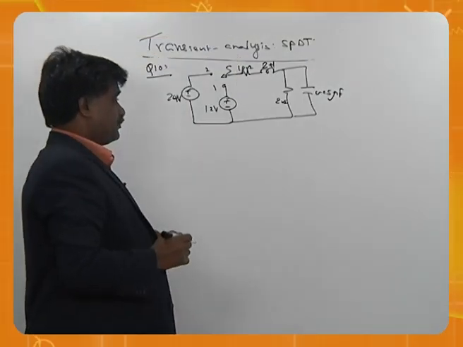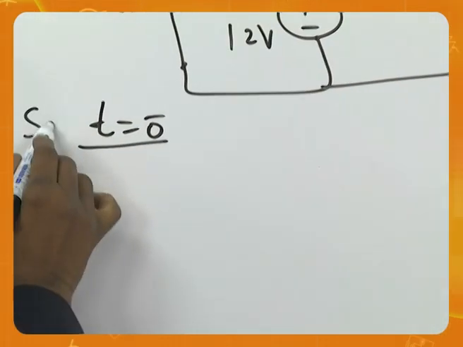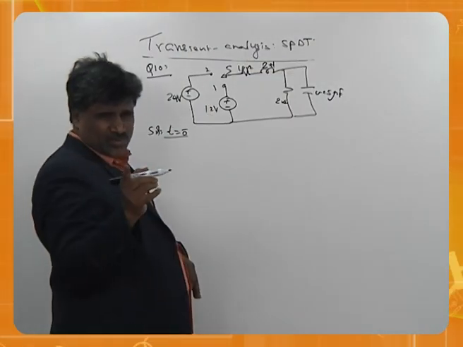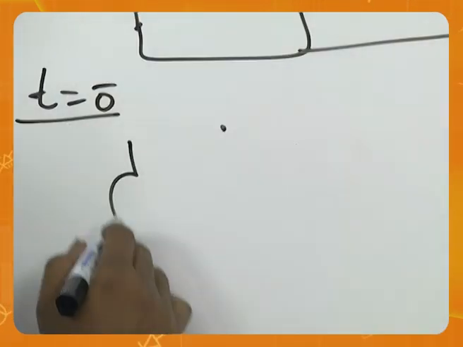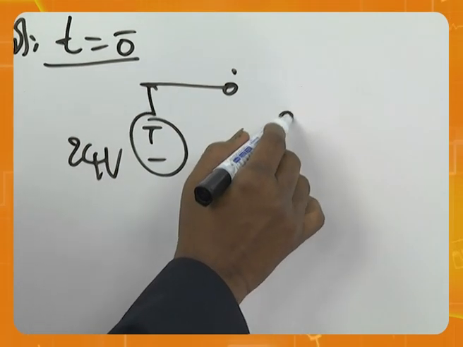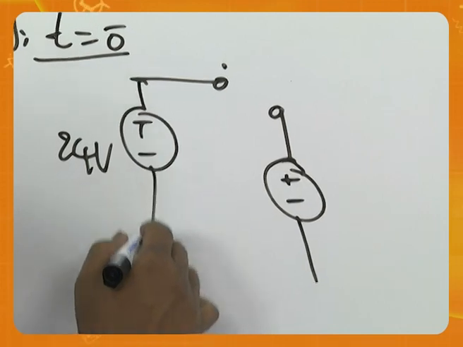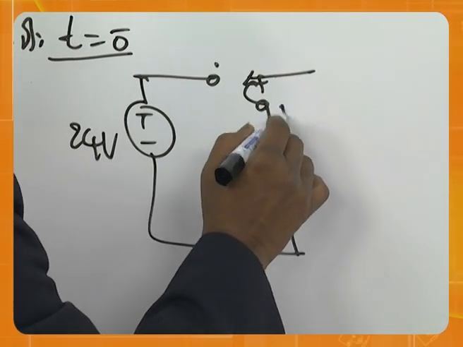Are you ready? Now at t is equal to 0 minus, I am taking the solution. Where does the switch go to? Position 1. This is position 2, 24. Position 1 is here. Switch is at position 1.